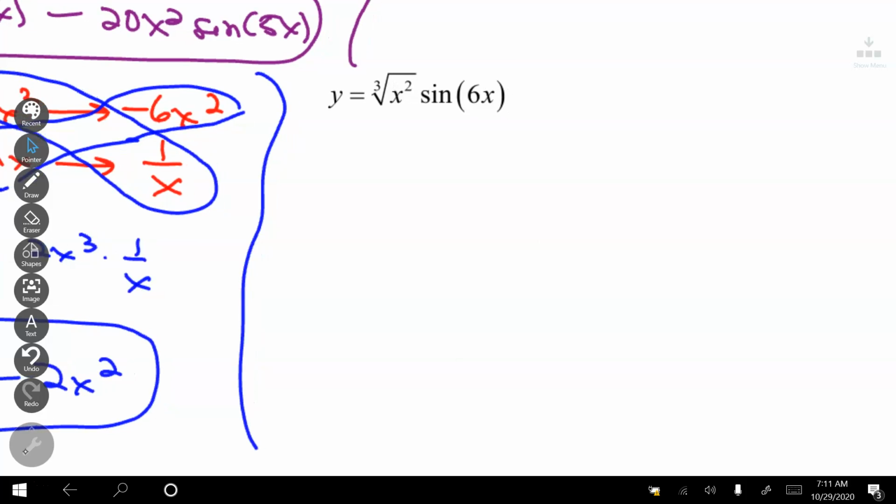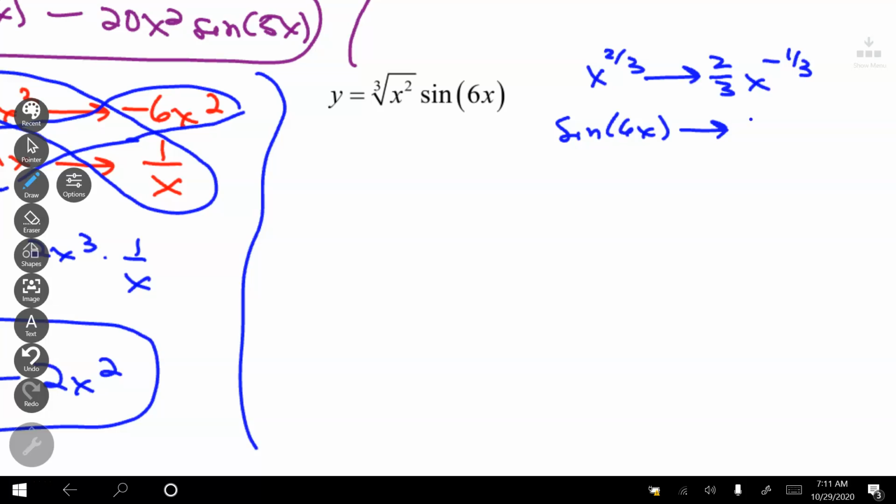Last example. This is x to the 2/3. You rewrite it correctly, and 2/3 x to the negative 1/3. This is sine of 6x, and by mini chain rule, 6 cosine of 6x. I set up my crisscross.